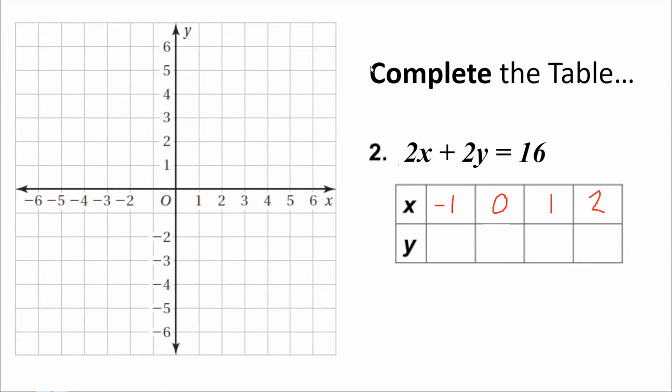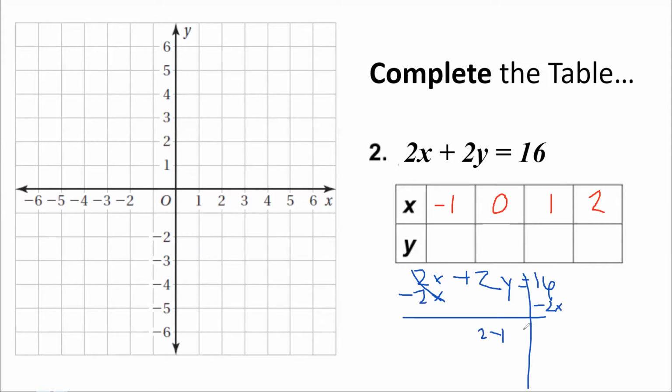So we are looking at 2x plus 2y equals 16. So we're going to be solving this for y, which means we have to get rid of this 2x. Whatever I do to one side, I have to do to the other, and I can't put those two together. And so I'm just going to write them next to each other. Negative 2x, and then that's a positive 16 plus 16.